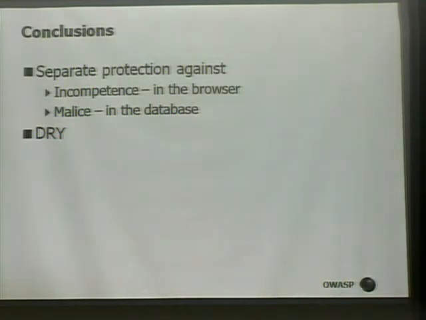To mix them up is going to make you end up with less than ideal code. My advice would be to protect against malice at the very last possible moment, and to protect against incompetence at the very earliest possible moment.